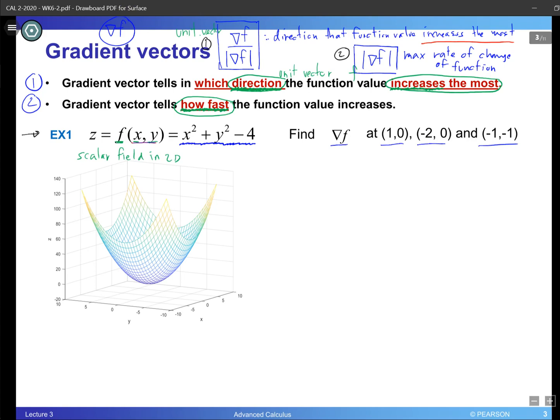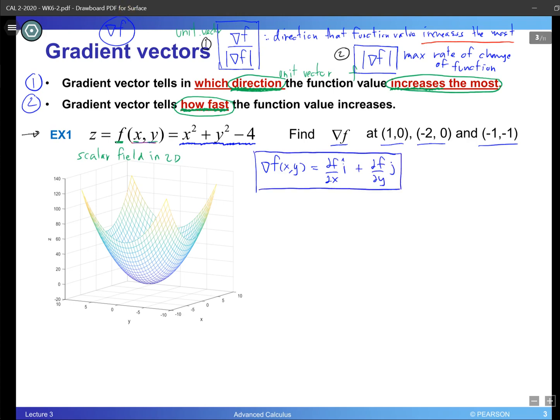So we only have one formula for two-dimension gradient, and it's going to be this. Gradient of f of x, y is going to be equal to df by dx, and that is the i component, plus df by dy, and that's for the j component. That's all we need. One formula to find this gradient.